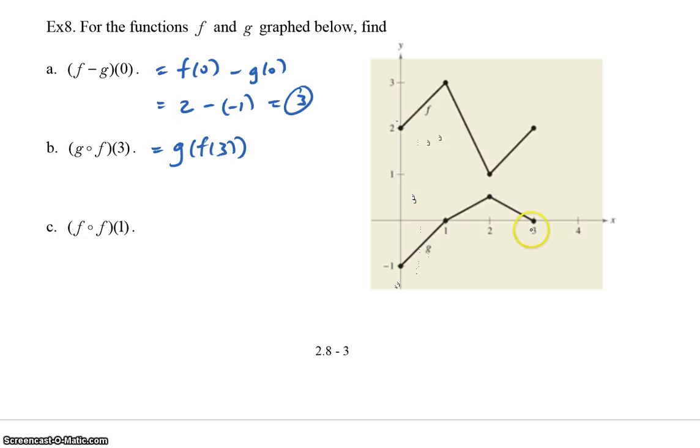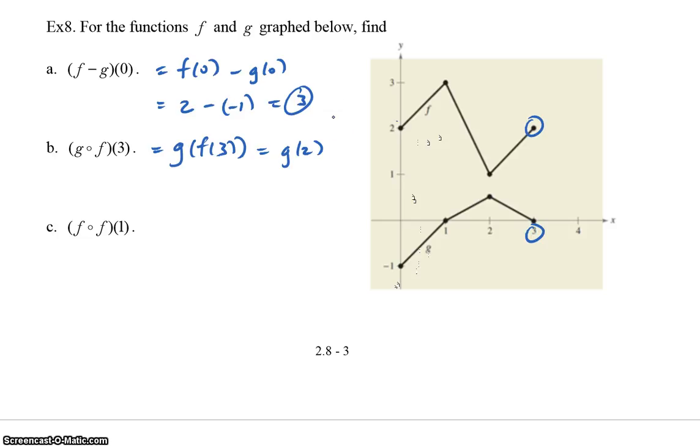Well, find x equals 3. 3 is your x. Now find the point on the graph of f and read the y-coordinate of that point. The y-coordinate of that point is the function value. So function values always correspond to y-coordinates of points on the graph of the function. So the y-coordinate is 2. So this would be equivalent to g of 2.